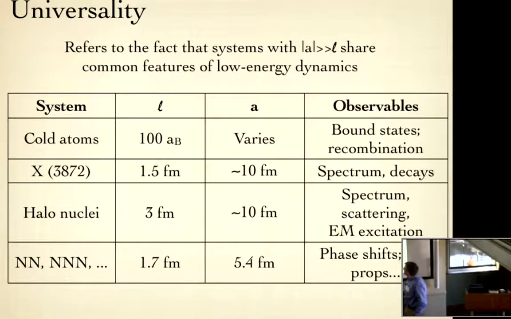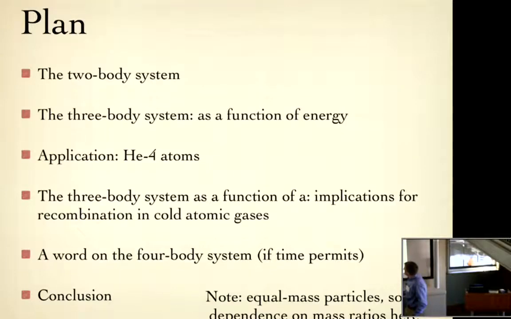All right, so here's the plan, right? So I'm going to begin by talking about how you set up an effective field theory for a two-body system with large scattering length. And after that brief introduction, I'll talk about results in the three-body system as a function of energy, in order to sort of warm us up, not in the sense of Jun's talk, but sort of in the sense of intellectually warm us up.